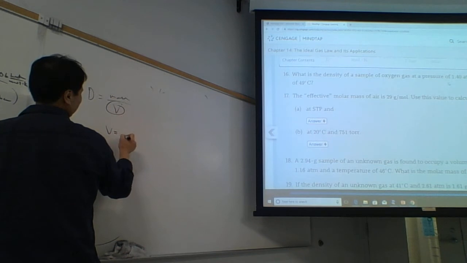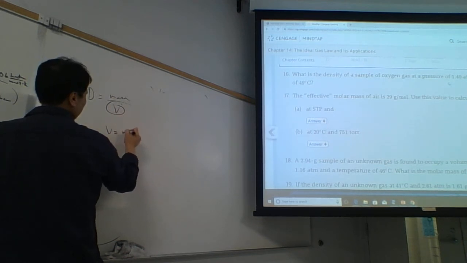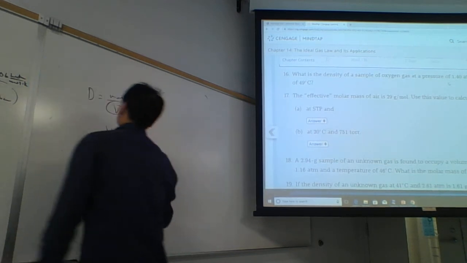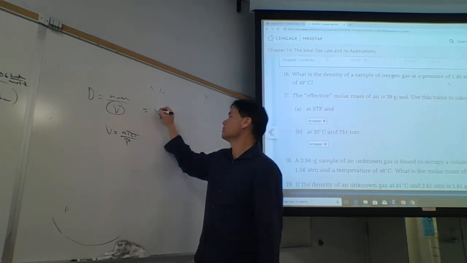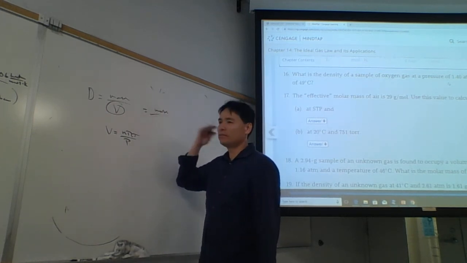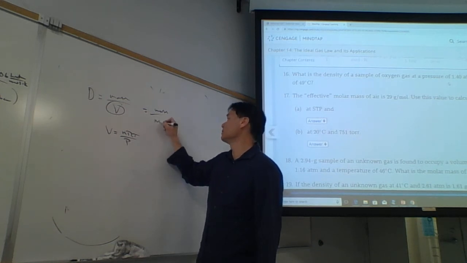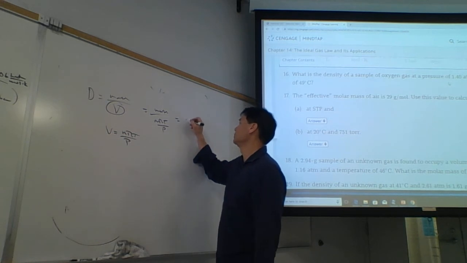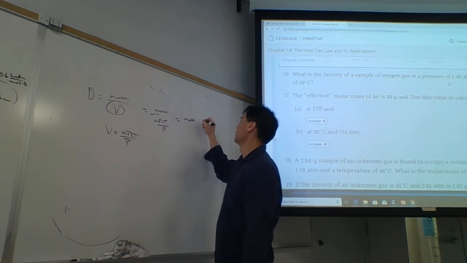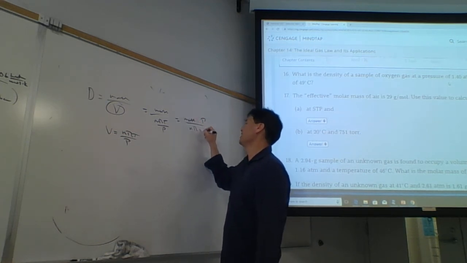Volume is equal to nRT, volume of gas, divided by P. And so we'll slip that in here. If you don't have it memorized, we can always derive it. So it's equal to nRT over P. We'll invert and multiply. So this is going to be the mass times P divided by nRT.